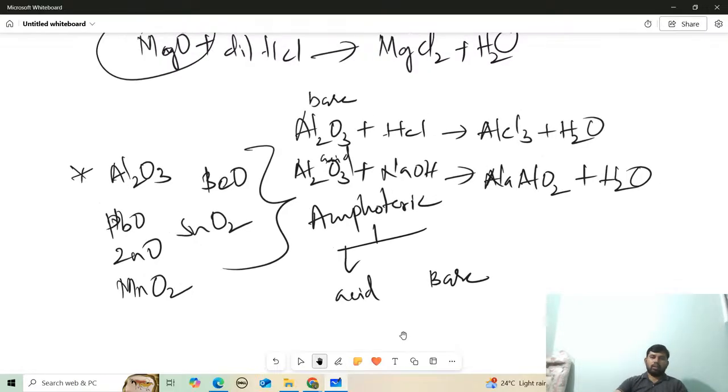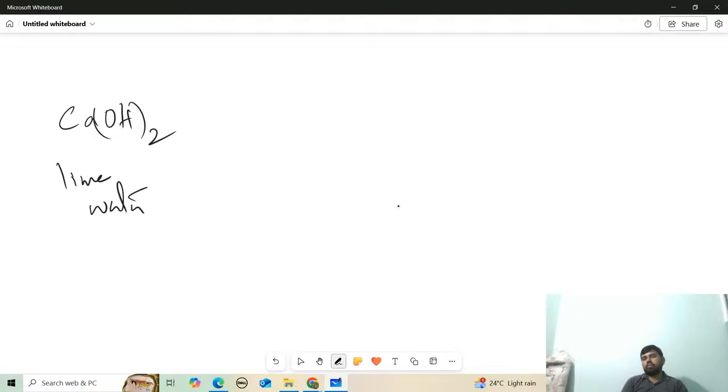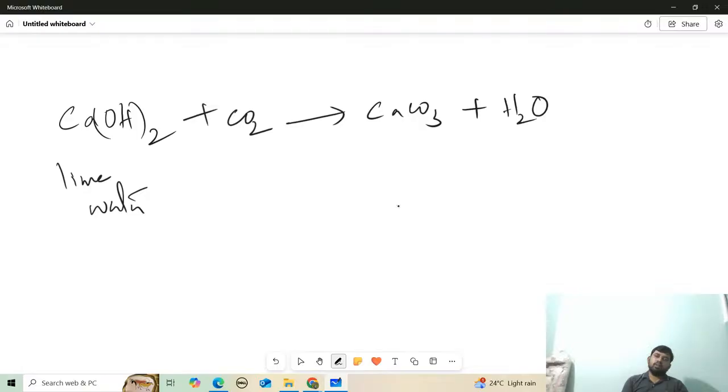Okay, now come to the non-metal oxides. Non-metal oxides are acidic in nature. You know this very well: lime water, which is basic in nature, plus we are passing CO2 gas. What happens? It forms CaCO3 plus H2O.